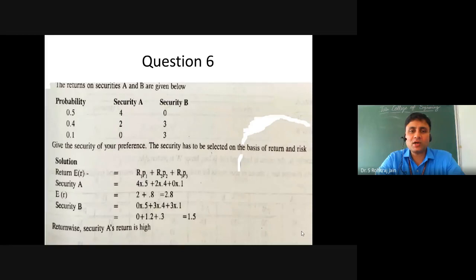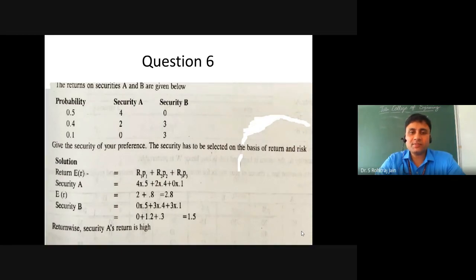Similarly, I will solve the expected return of security B. See the third column, security B: 0 multiplied by 0.5 plus 3 multiplied by 0.4 plus 3 multiplied by 0.1. You have to solve along with me, students. Use the calculator. Though the answer is mentioned over there, solve it once.